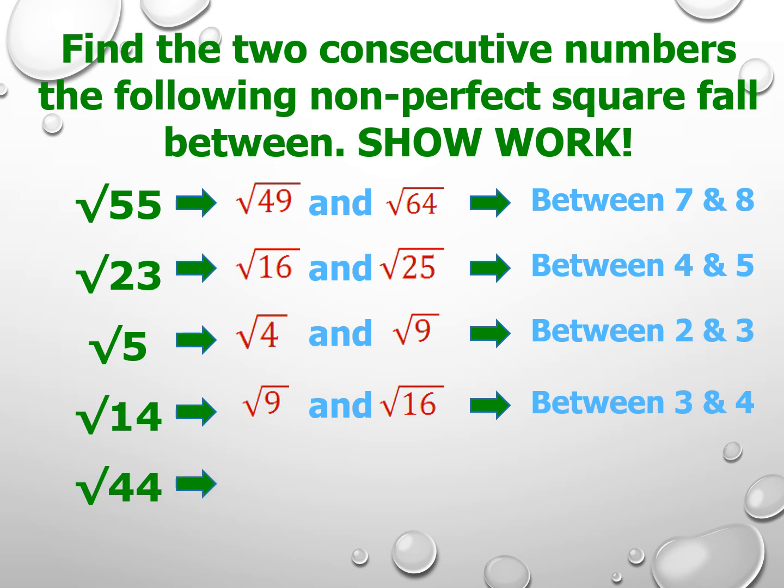And now let us have square root of 44. It falls between square root of 36 and square root of 49. So therefore, its square root falls between 6 and 7 because square root of 36 is 6 and square root of 49 is 7. That is how we approximate the square root of a non-perfect square.